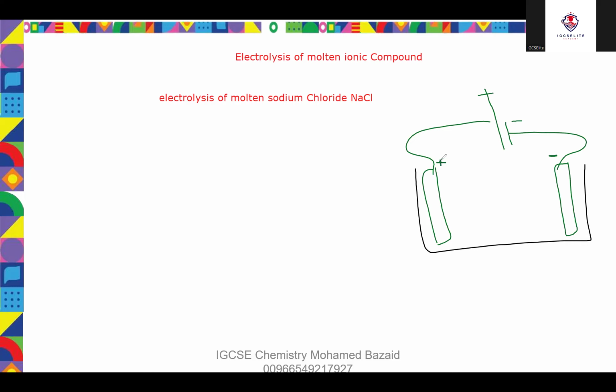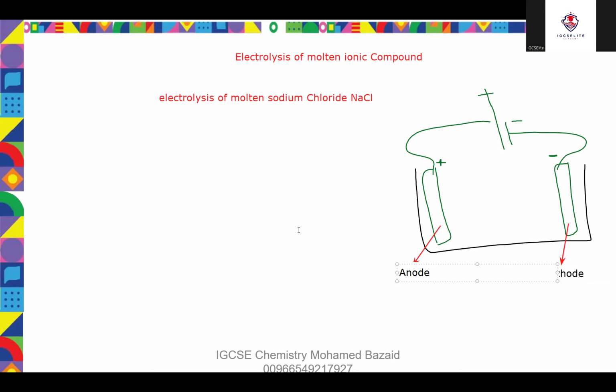How many electrodes? Two. The negative electrode is known as cathode, and the positive electrode is known as anode.